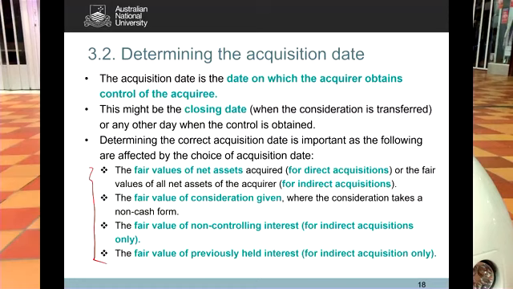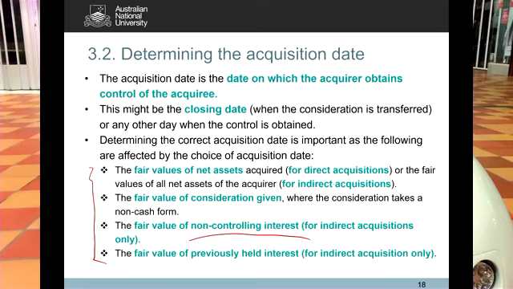They may have the NCI, non-controlling interest. And for the non-controlling interest, the fair value of that should be deducted from what the acquirer can obtain, right? Because they didn't get that part. So the fair value of that is important too.